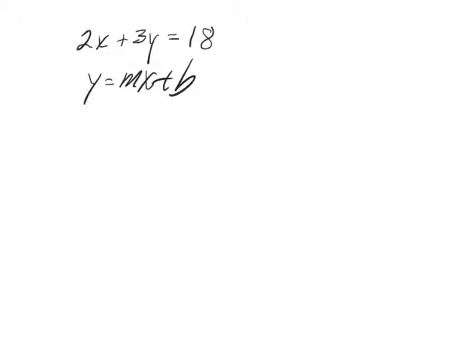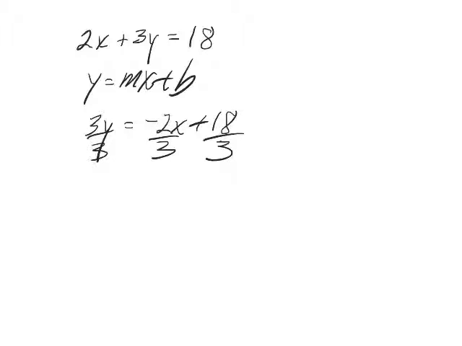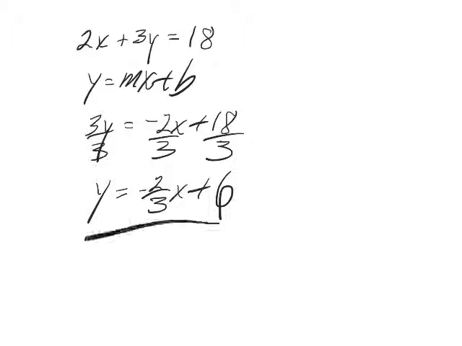So you would have made it 3y equals negative 2x plus 18. Divide each of these by 3 and end up with y equals negative 2/3 x plus 6. So there you are in slope-intercept form.